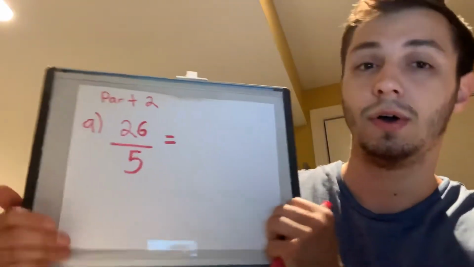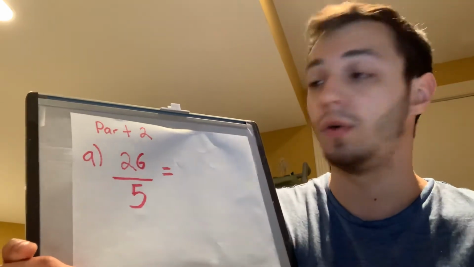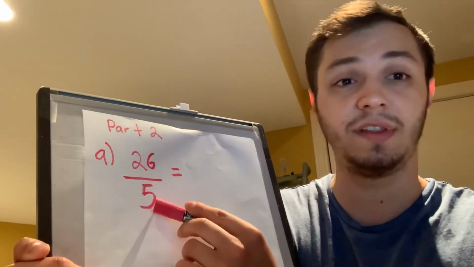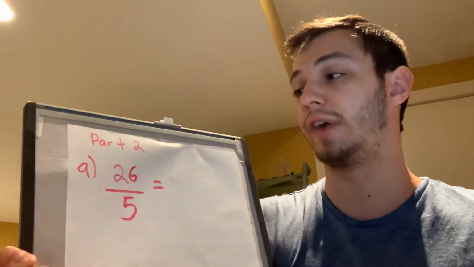In part 2, we're practicing our mixed numbers. All of those questions will give you a mixed number, right? If you look at part A, we have the fraction 26 divided by 5. We know that 26 will not divide evenly by 5, so we're going to have a remainder, which will be our fraction.